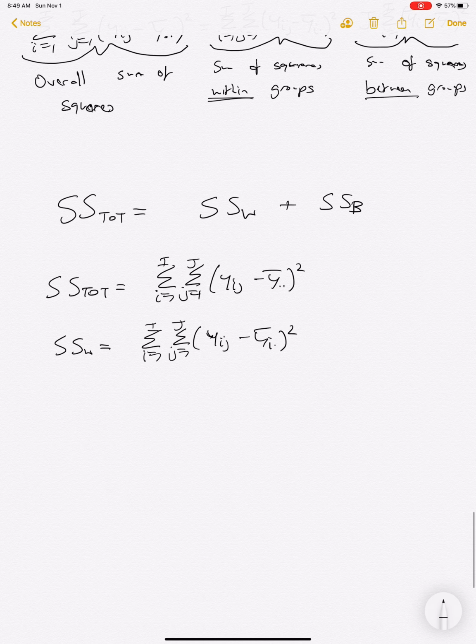Okay, so just to interpret the sum of squares within, you can see that what we've done is for each of the I groups, we're just looking at the difference between each of the samples within each group and the mean of each group. So to interpret SS total, it's as though we just ignore groups completely and treat the IJ samples as a whole, and look at the difference between each of the samples and the overall mean.